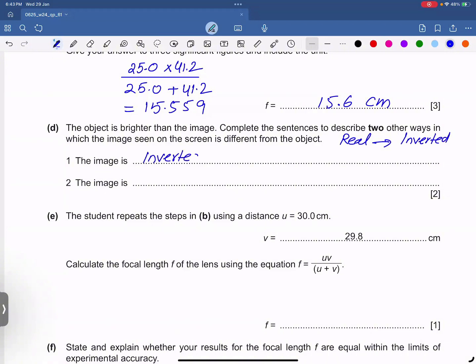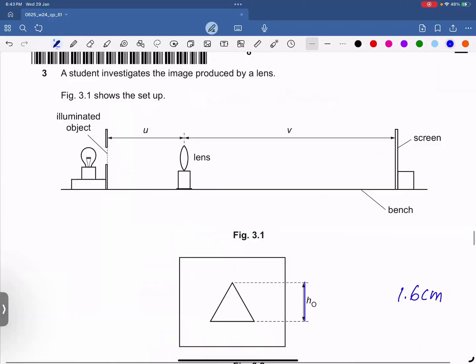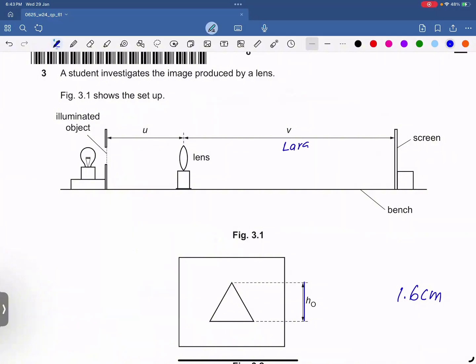Number two, if you try to calculate the magnification, the image distance is large and the object distance is small. So the magnification, meaning the size ratio, will be v divided by u.